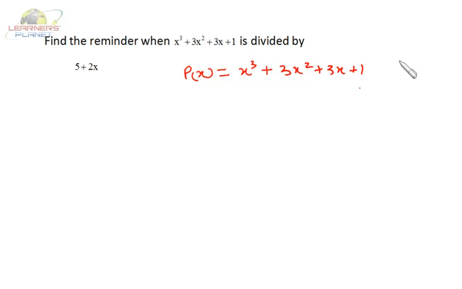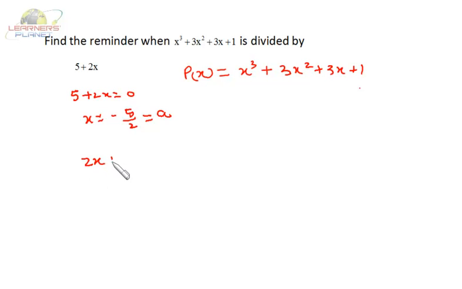Now in this case we have to find out the remainder when this expression is divided by 5 plus 2x. Now we have to find out the value of a. There are two methods. First of all, equate it to 0, so we get the value of x as minus 5 by 2, which is the value of a. Else you can compare it with x minus a.